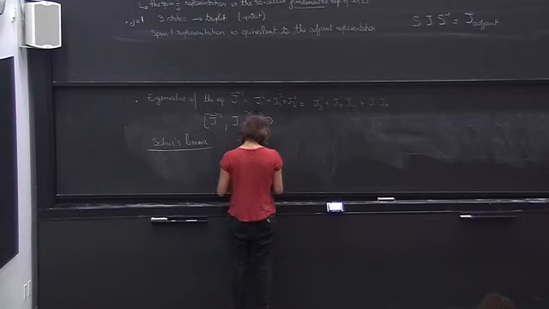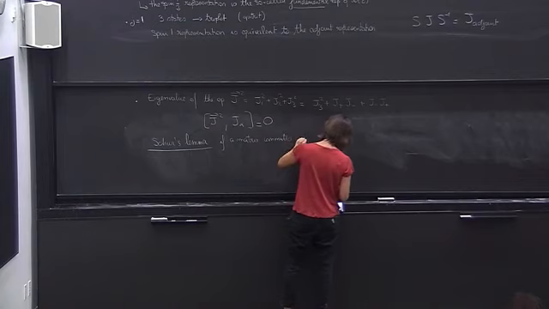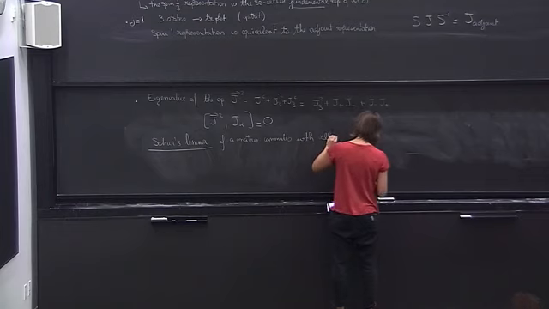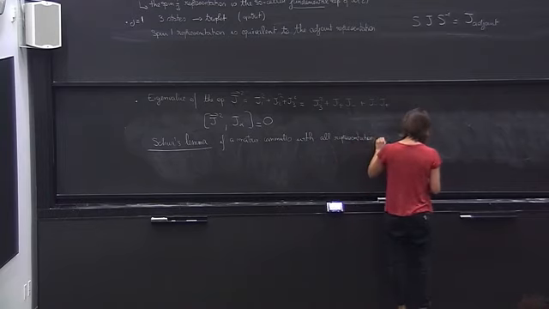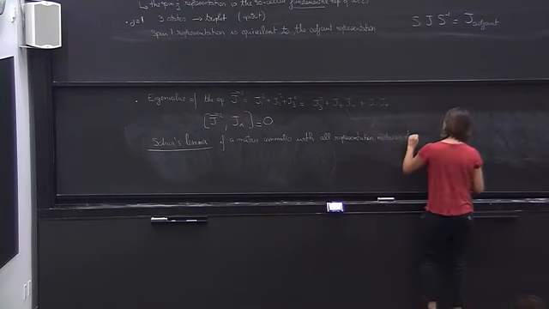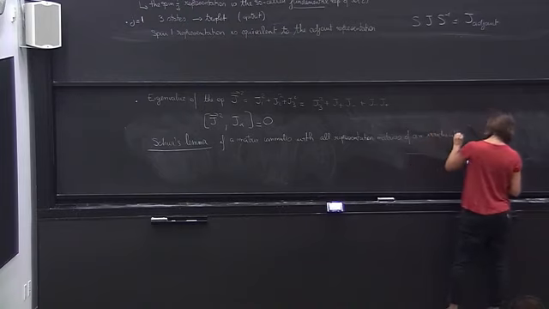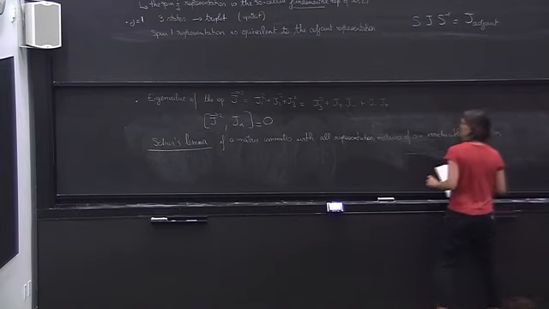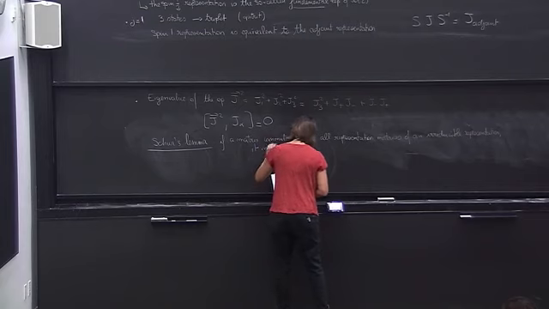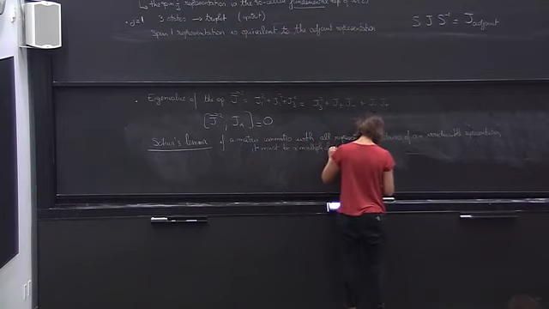So what this lemma is going to tell you is that if a matrix commutes with all representation matrices of an irreducible representation, then it must be a multiple of the identity matrix.